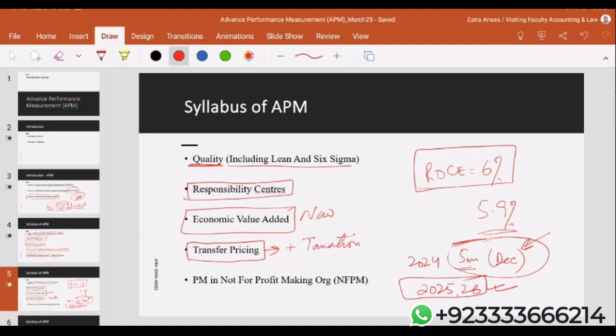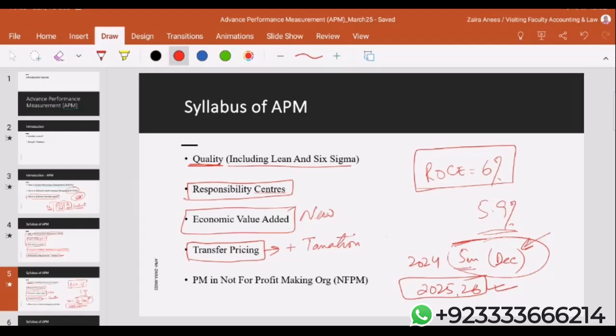See, the company is using a cost plus pricing model for the transfer pricing policy, and the company wants to switch to a market based transfer pricing policy. So, considering whatever scenario is given, how would you evaluate the proposal of the manager?